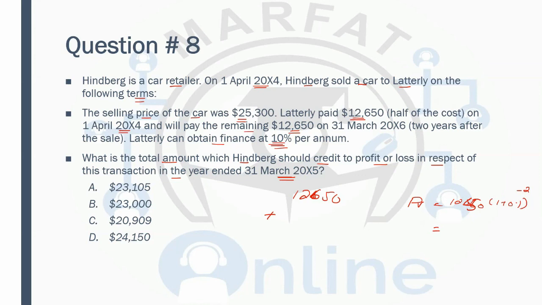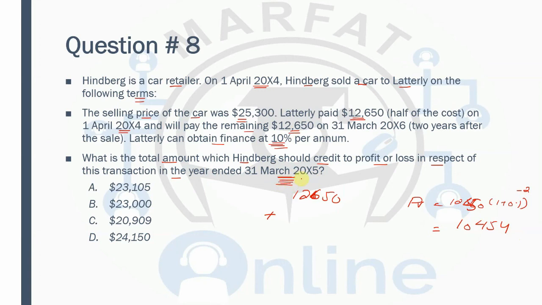All right, so it is 10,454. So the present value is 10,454. But they are asking what revenue they should record in the year ended 31st March 20x5.